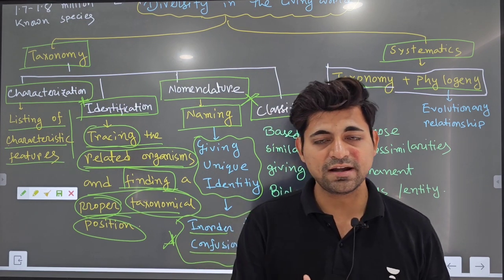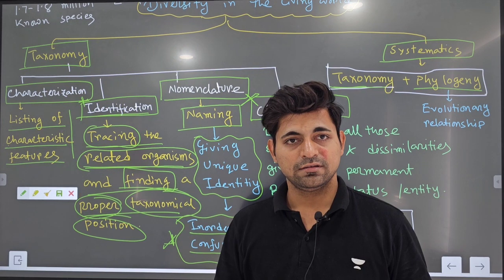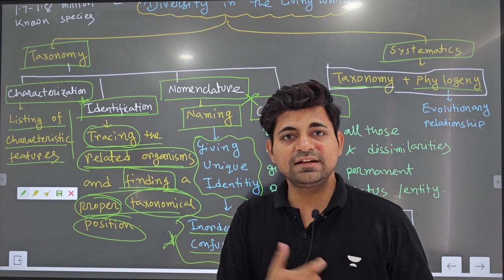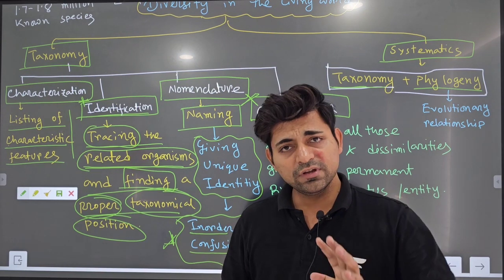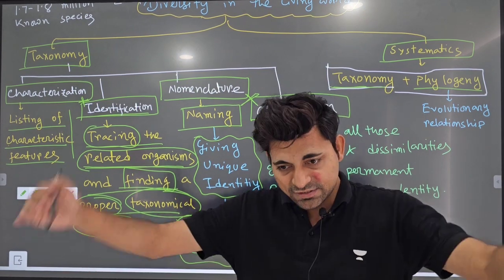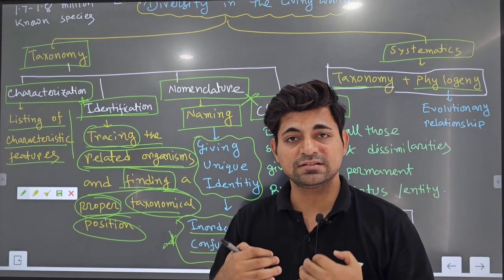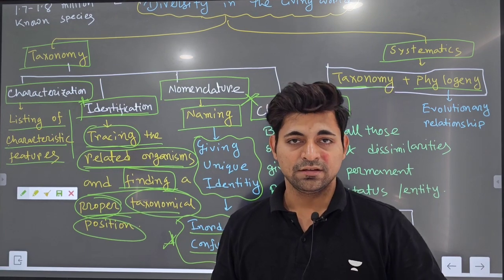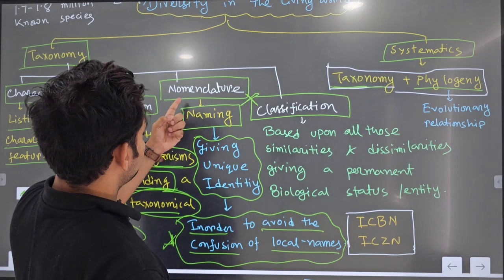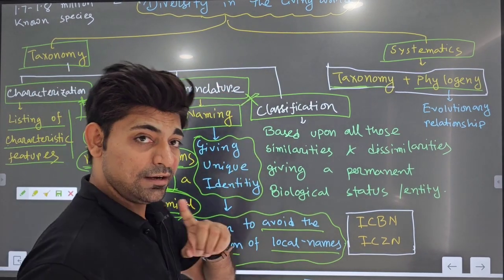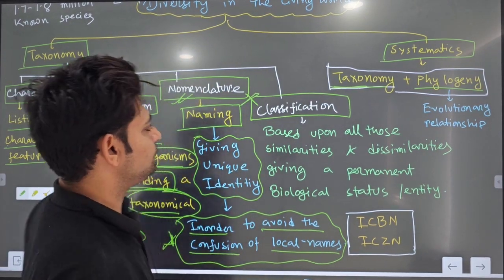So in different languages, the potato gets different local, vernacular names. We need to abolish these vernacular names, at least inside the biological scientific community. That's why you need to give a biological or scientific name through nomenclature. Some rules are there, we'll see what the rules are.